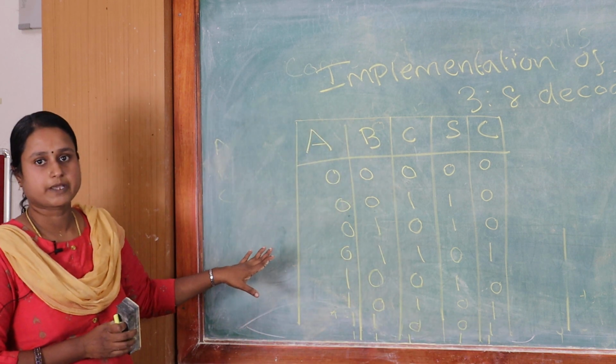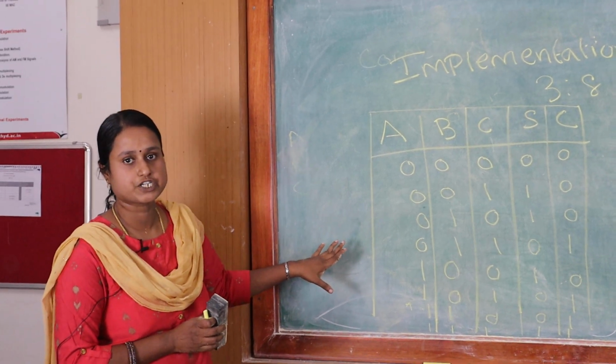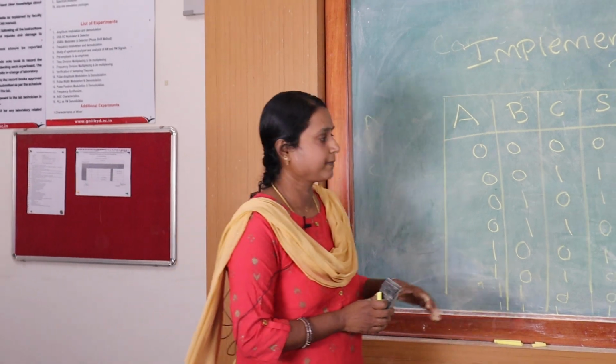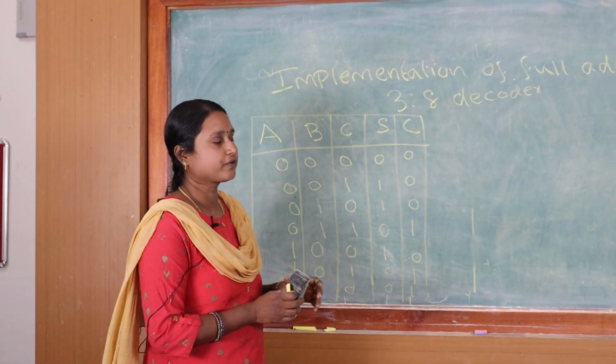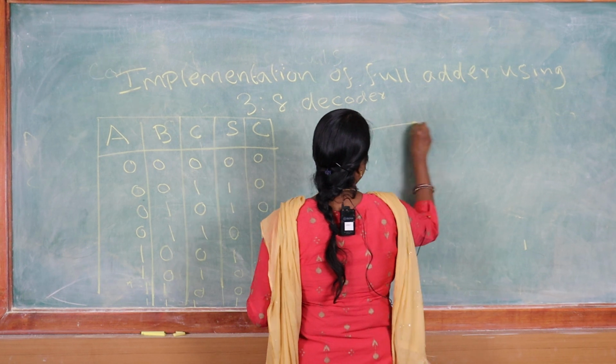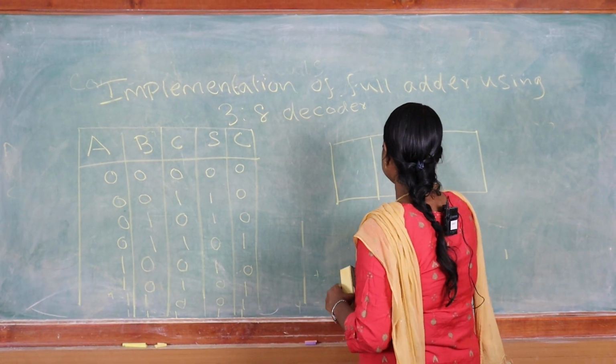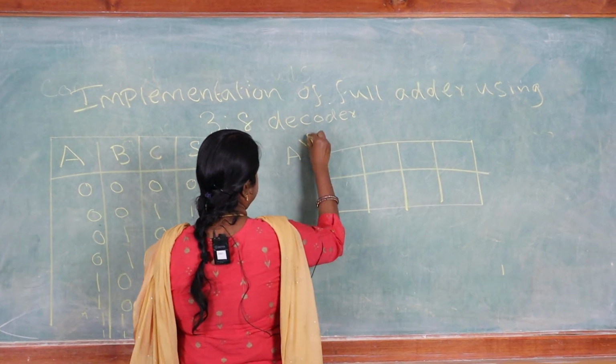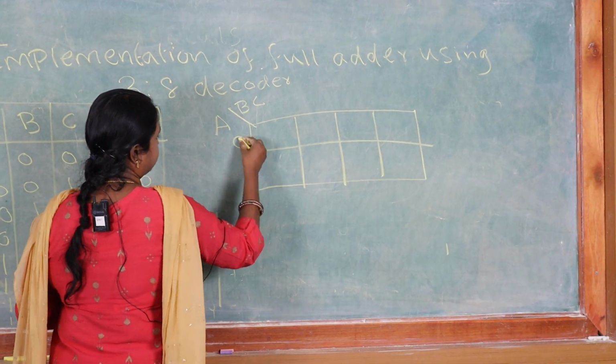After framing this truth table by performing the normal addition, we have to derive the expression using a K-map. Here we are having 3 inputs, so we have to go for a 3 variable K-map. I am first assigning the 3 variables and then giving the values.